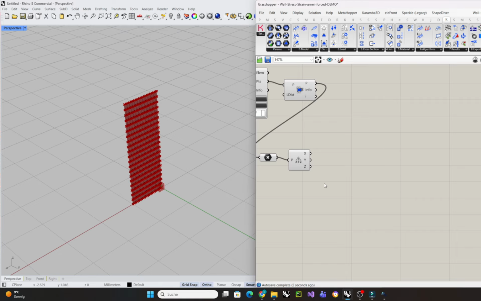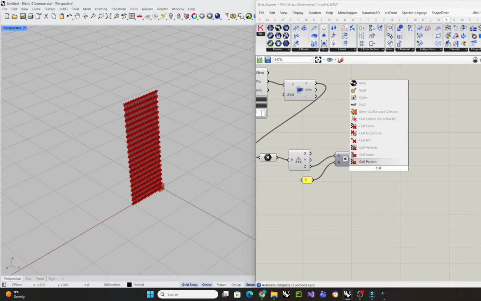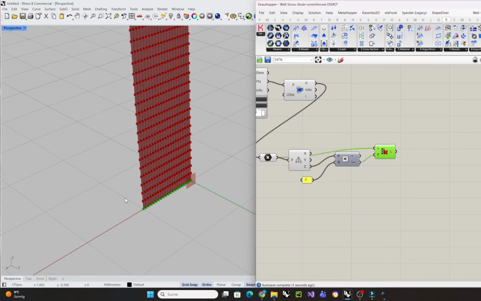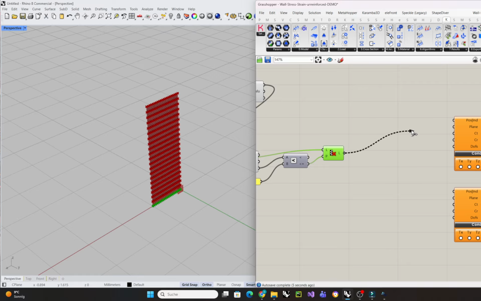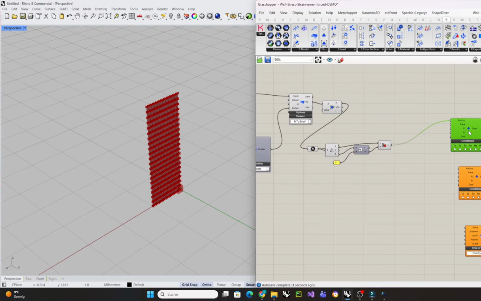Get the Z value and compare it to 0 for the bottom, and ask if this is smaller than 0, and if it is, we call these points. Okay, now I see the points that I want and input them here.